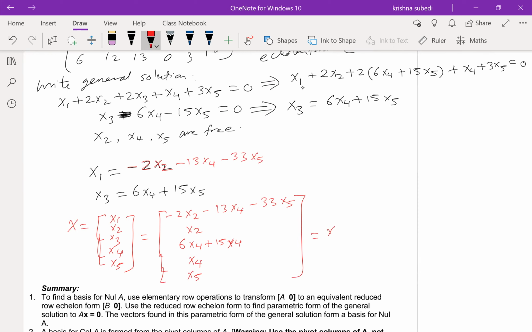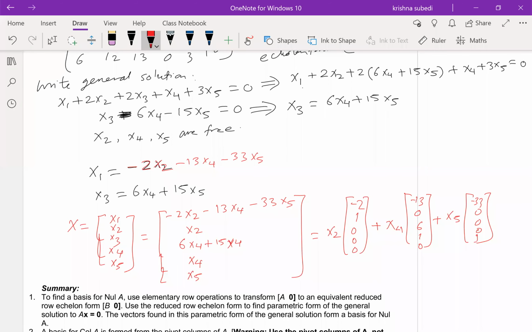Now this can be written as x2 plus x4 plus x5. Let me write it down. x2 means it will be negative 2, 1, 0, 0, 0. This is minus 13, 0, 6, 1, 0. This will be minus 3, 0, 15, 0, 1.